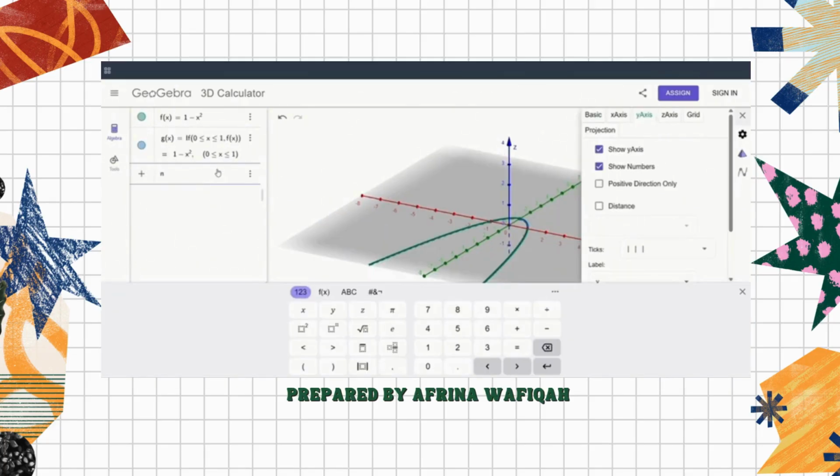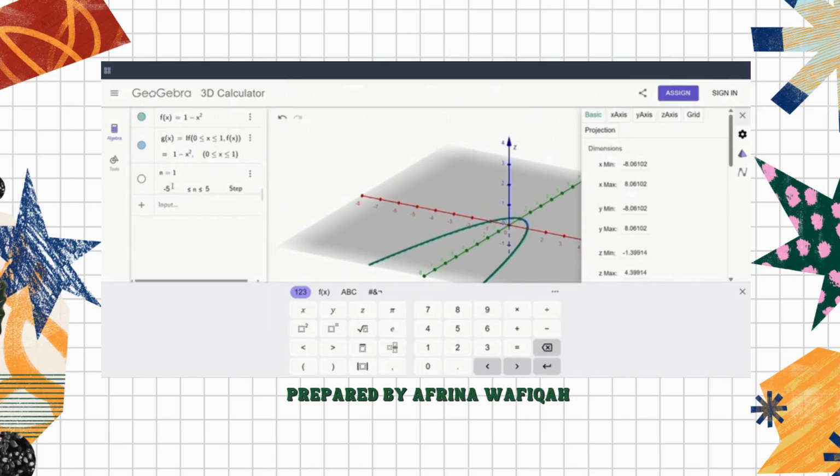After that, I create a slider by typing n equals 6.28. This value represents a full rotation of 2π radians. Next, I generate the surface of revolution by typing Surface(g, y-axis).